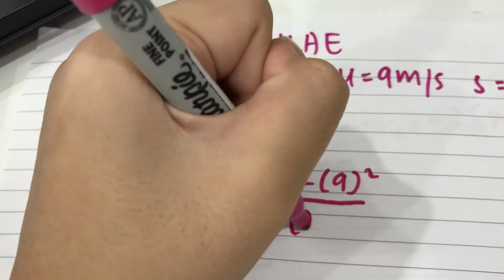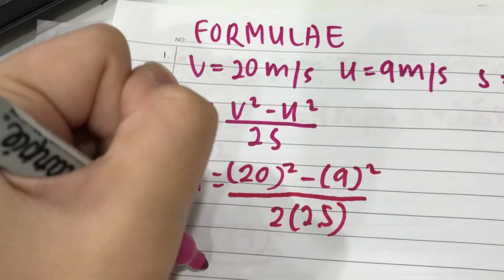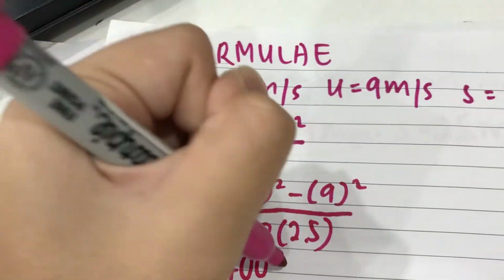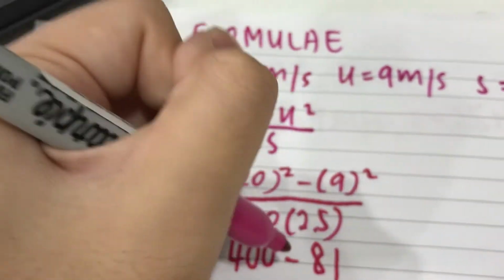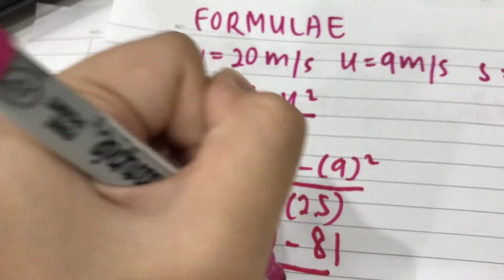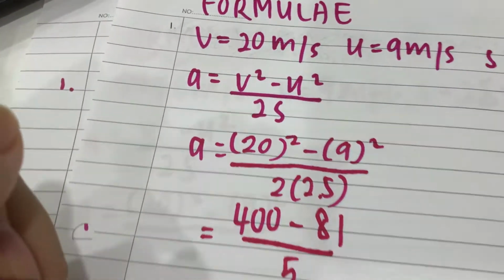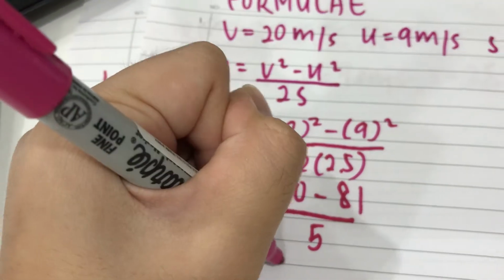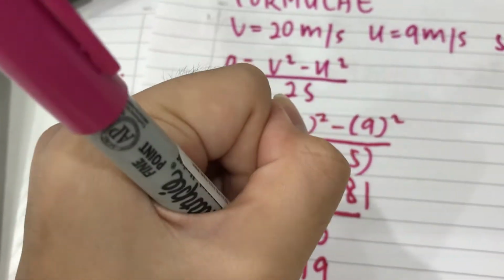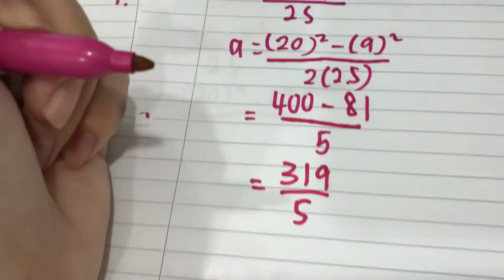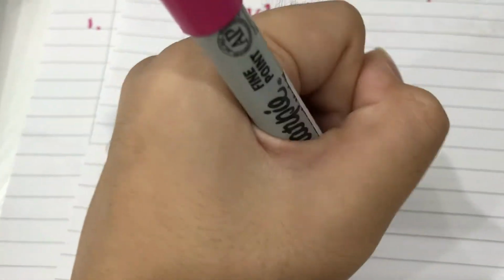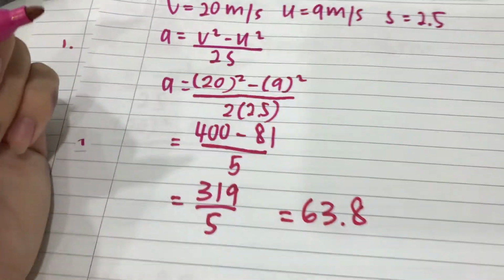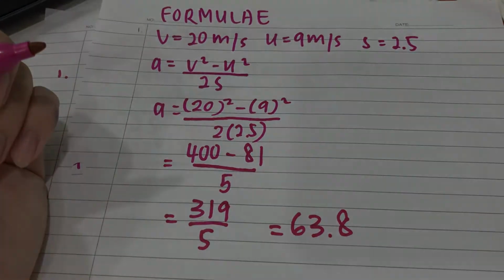S is 2.5, so 2.5. Then we get 400 minus 81 over 5. Then we just solve this part, which will get 319 over 5, and the answer is 63.8. Yeah, so that's it for formula.